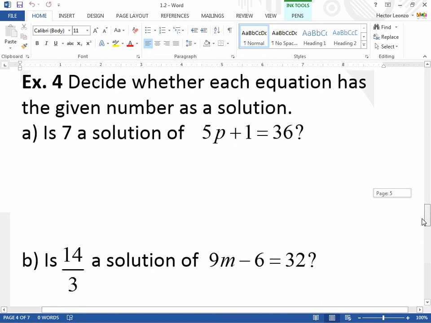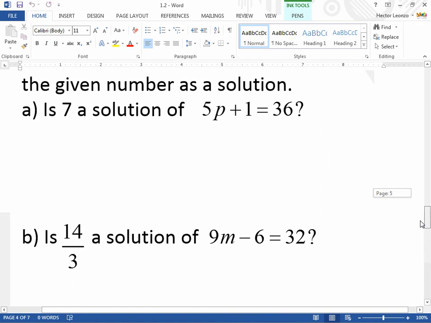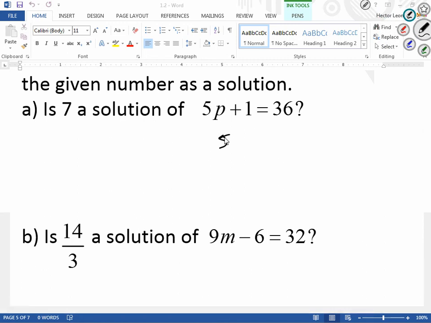Now here it says, decide whether each equation has the given number as a solution. Is 7 a solution of 5p plus 1 equals 36? What we're asking is, replace p with 7 and see if you get an equation that is true. So let me write this as 5 times 7 plus 1 is equal to 36.